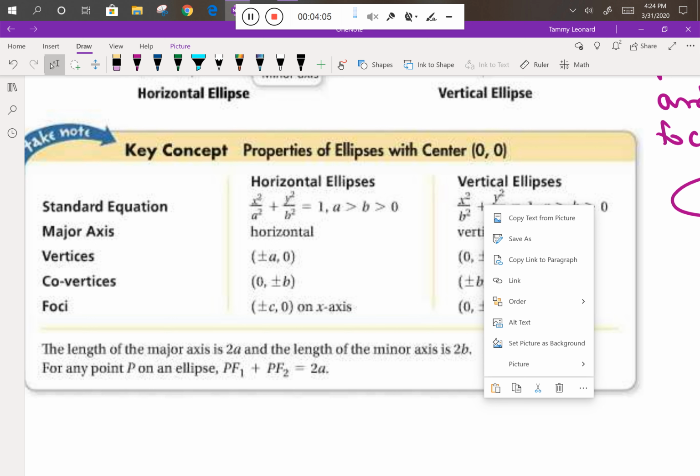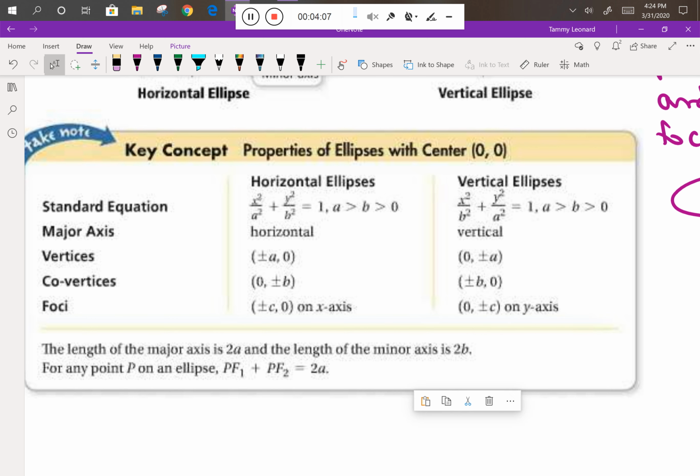Now, you have a lot of formulas here in the middle because this is a little bit more complex than your basic circle, even though an ellipse is just a bit of a squashed circle. So a horizontal ellipse and a vertical ellipse, you can tell them apart in their equations because A and B will be in opposite locations. Now remember, A is half the major axis and B is half the minor axis.